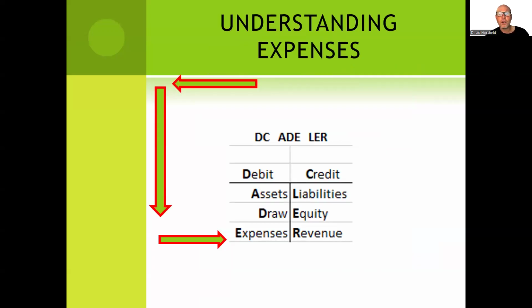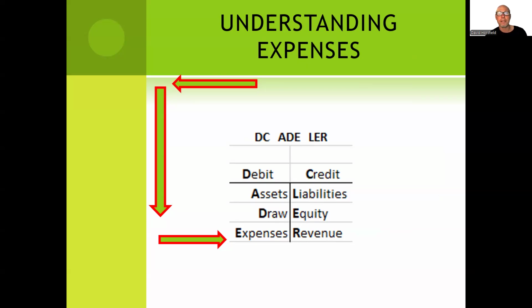Now, if we're talking about expenses, that's an E under our DEALER grid. So we're going to go back and revisit DEALER for a minute. Debits on the left, credits on the right. Assets, drawings and expenses live under debit. So we need to unpack a little bit about expenses in the DEALER construct to figure out where we're going.